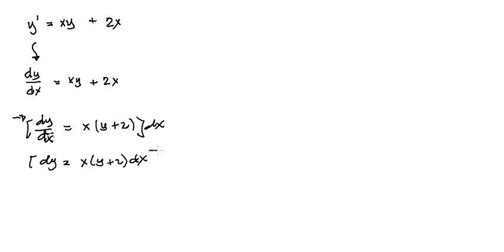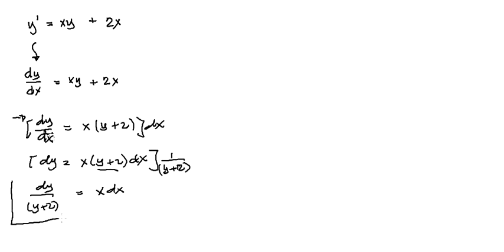To move the y terms to the other side, we need to divide both sides by y plus 2. By doing that, we have dy all over y plus 2 is equal to x dx. We can now see that our differential equation is separable because we can separate variable y from variable x.